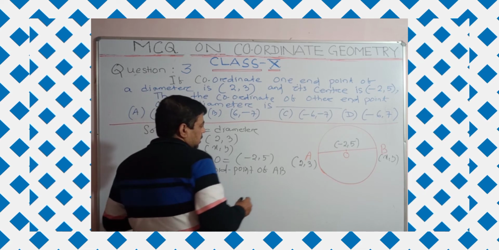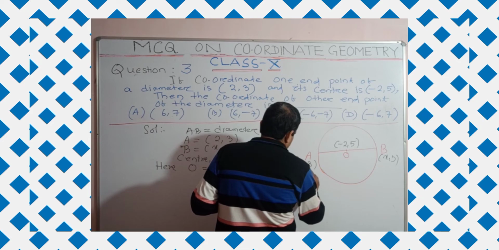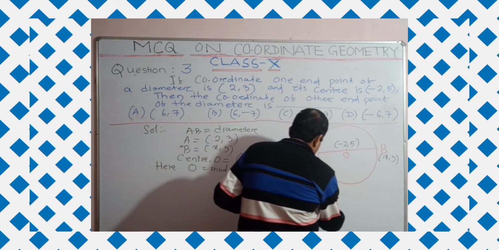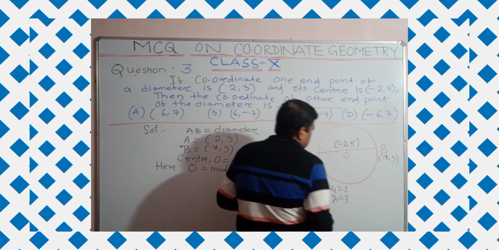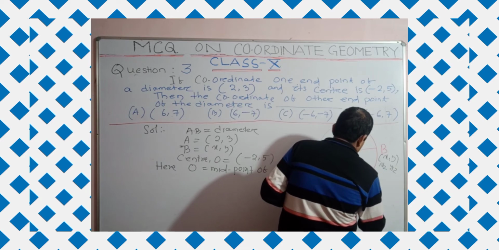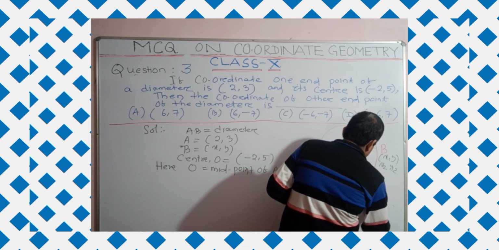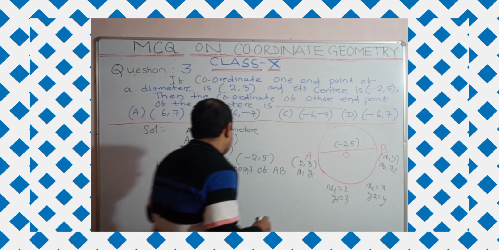So let us take the coordinate of A as (2, 3). Let x1 equal 2 and y1 equal 3. The coordinate of B is (x, y), so x2 is equal to x and y2 is equal to y.